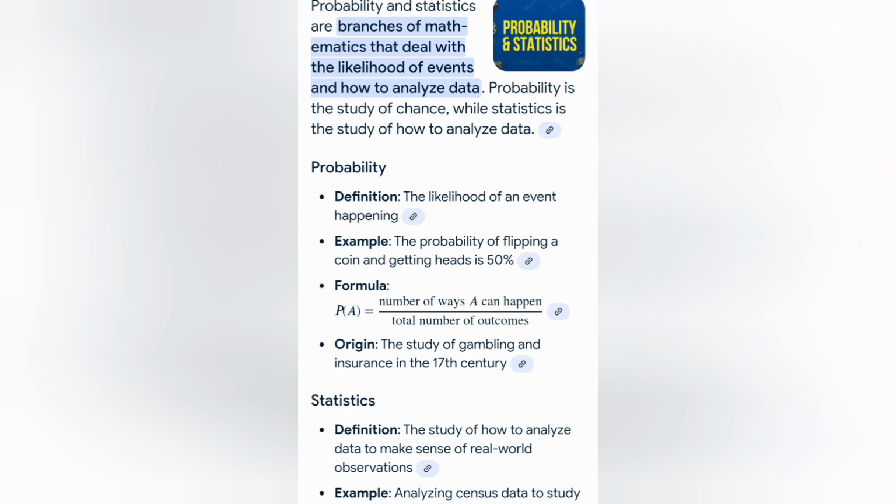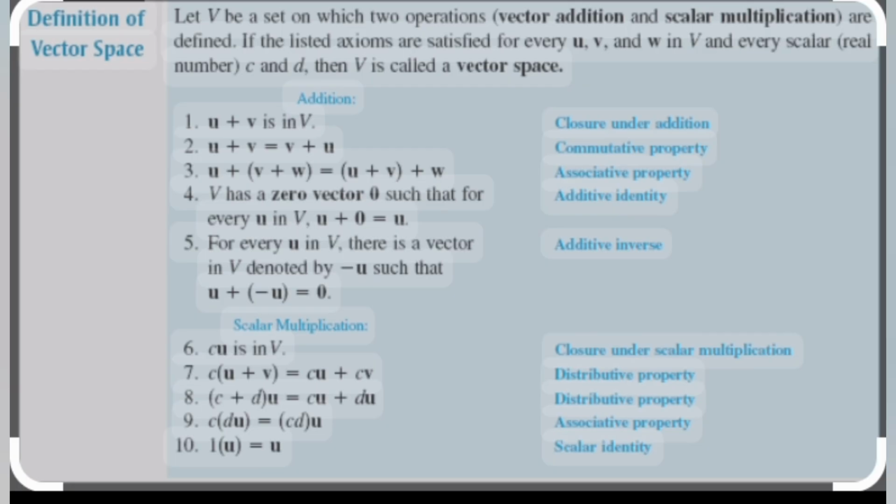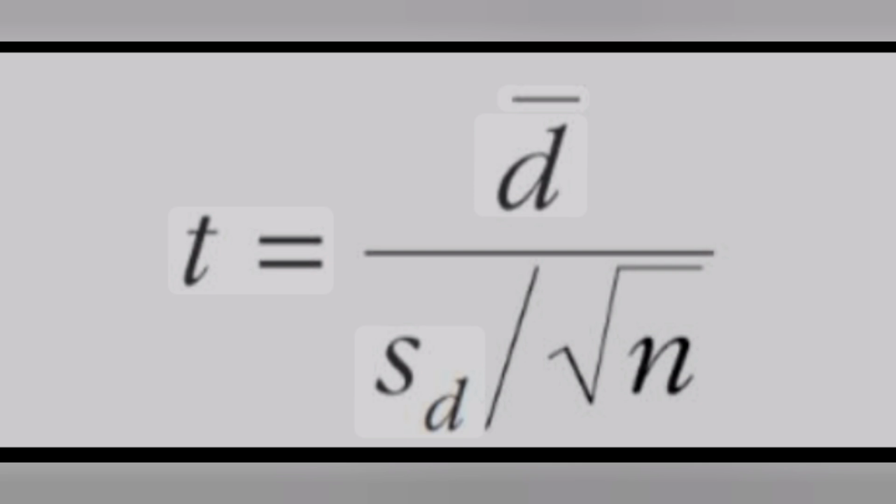There we need to write x bar equal to mu, x bar not equal to mu, likewise. So there will be one tail test and two tail test. When equal to and not equal to are there, that is said to be a two tail test. When greater than and less than are used in writing the hypothesis, that is said to be a one tail test.